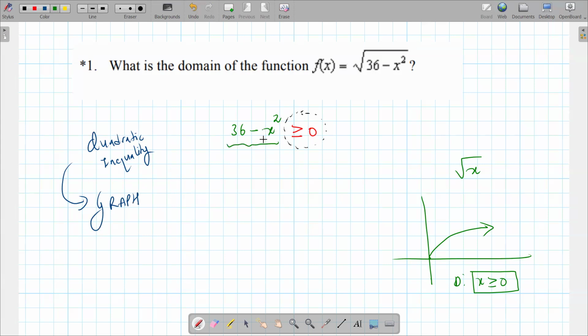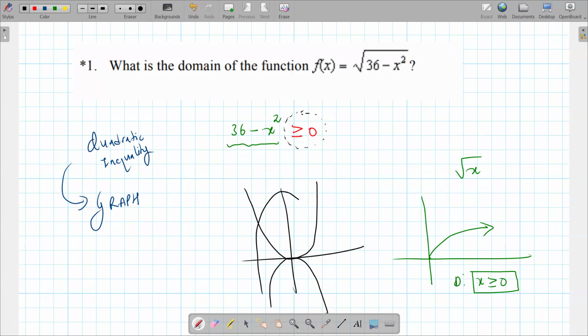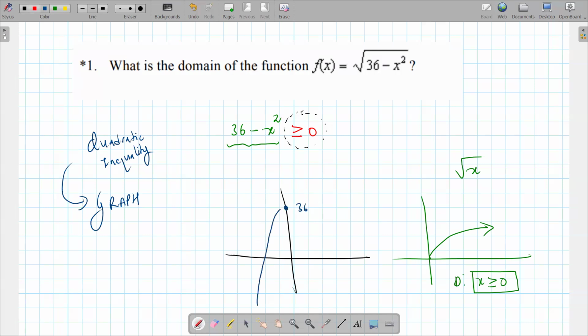Now we know what this looks like. This is not terribly difficult to graph. X squared, the parent function, looks like this. Now if you do minus x squared, it looks like this. And if you add 36, it looks like this. So it's an upside down quadratic function with a y-intercept at 36.